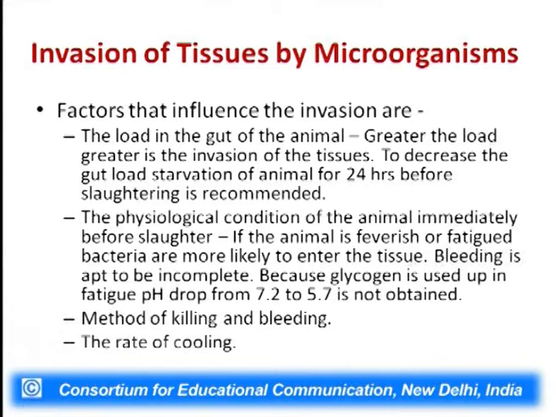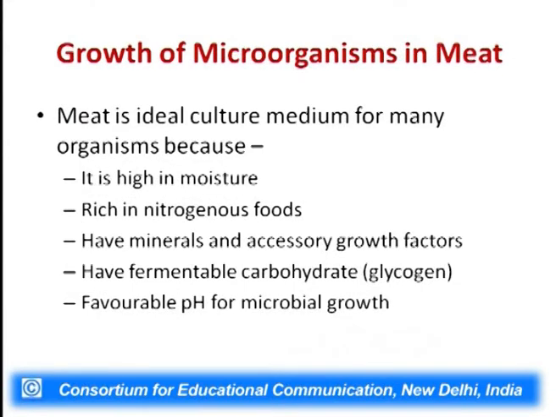The method of killing and bleeding and the rate of cooling also affect the invasion of tissues by microorganisms. If psychrotrophic bacteria are present, they can grow at low temperature and can spoil meat during storage at low temperature.